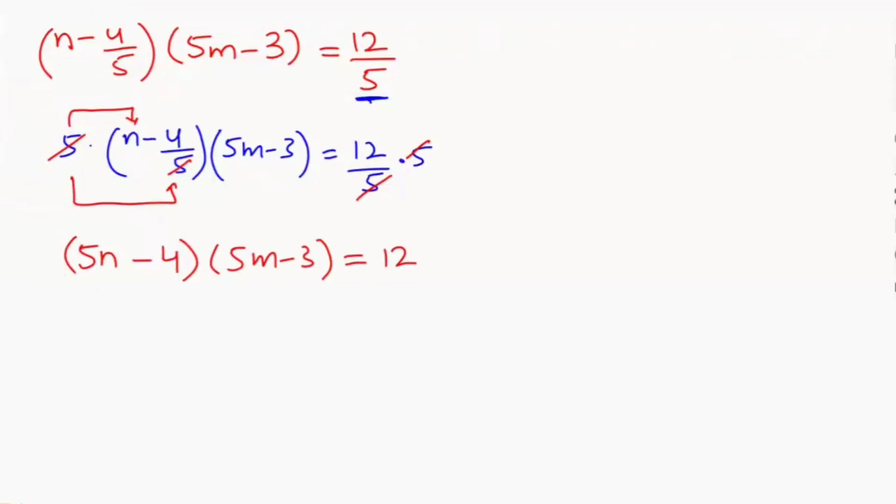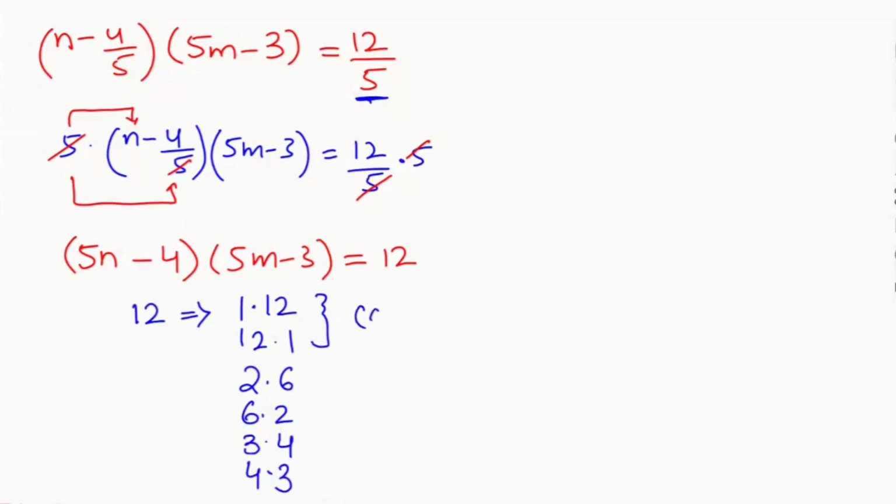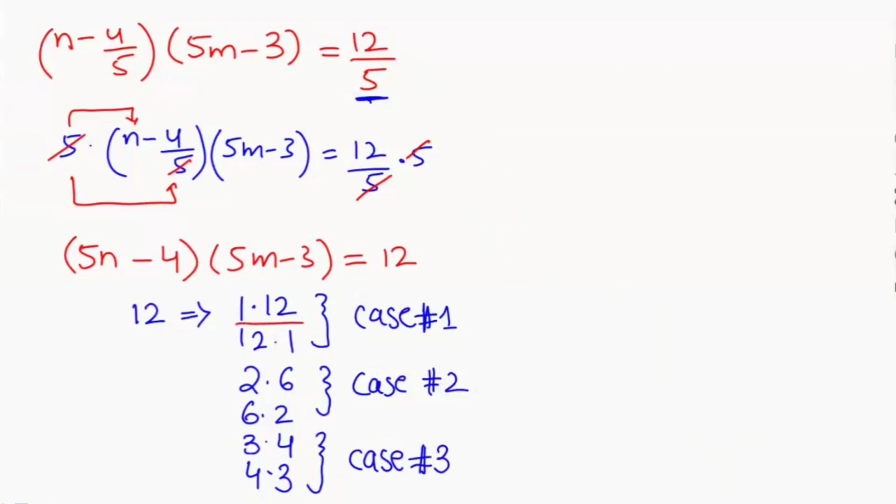Now in the next step, I am going to take the factors of 12. That is 1 times 12, 12 times 1, 2 times 6, 6 times 2, and 3 times 4, 4 times 3. This I am going to name as case 1, this as case 2, and this as case 3. Now first I am going to take the first factor.